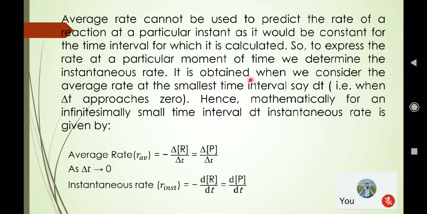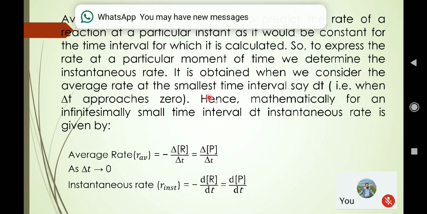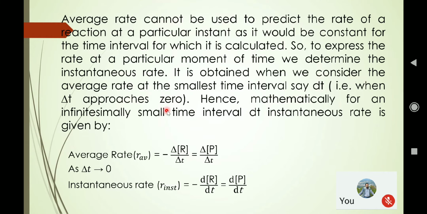It is obtained when we consider the average rate at the smallest time interval, say dt. That means when delta t approaches 0, in a very small time interval, the change in concentration of reactant and product is denoted by small d, so the ratio is minus dR by dt.